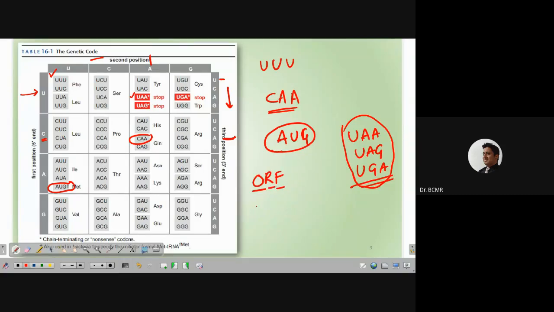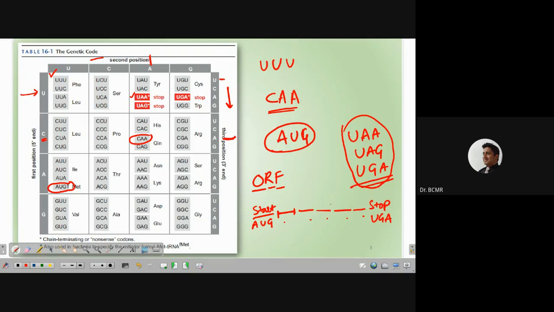It has to start with a start codon, that means it should invariably have AUG, then continuous codons, and then it should end with a stop codon, say for example UGA. Each of these codons is made up of 3 bases, and there are no commas or spaces in between.